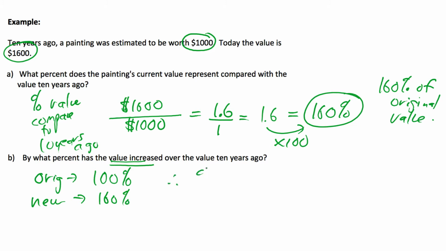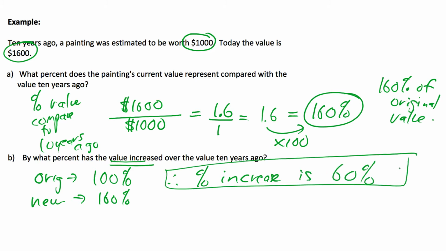So therefore, the percent increase is 60%. So you need to read the question carefully in terms of whether you're being asked for a percentage of the original or the increase in the percentage.